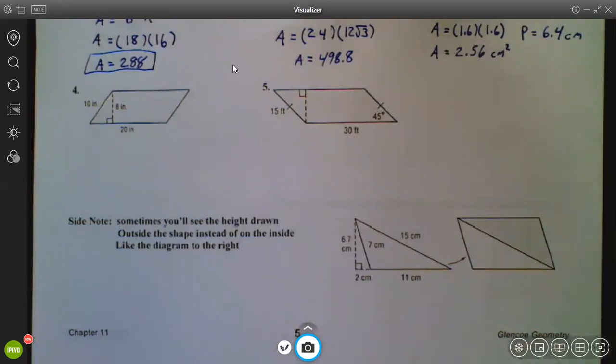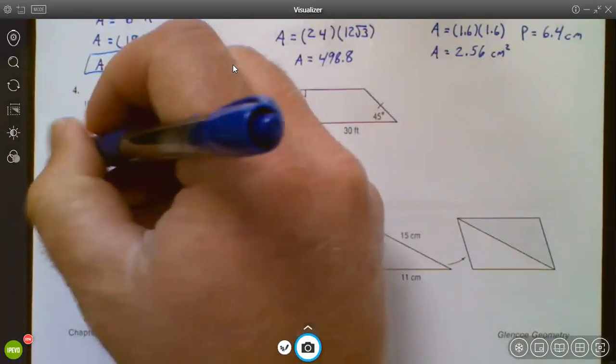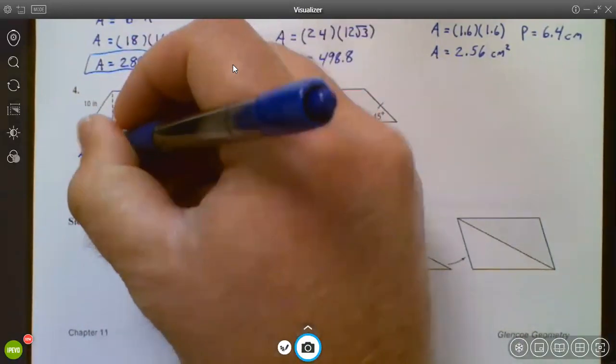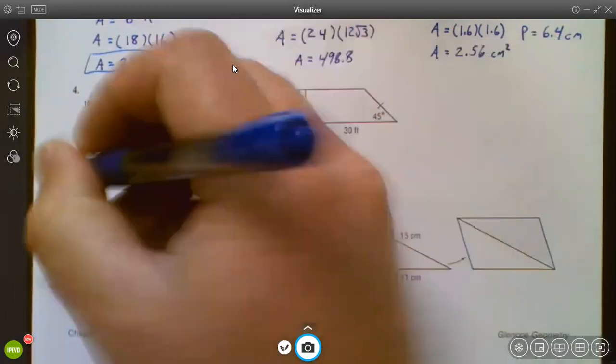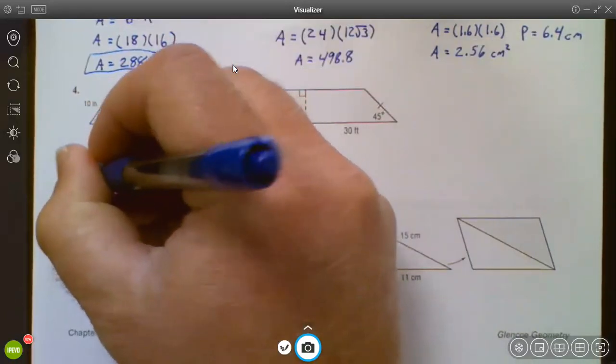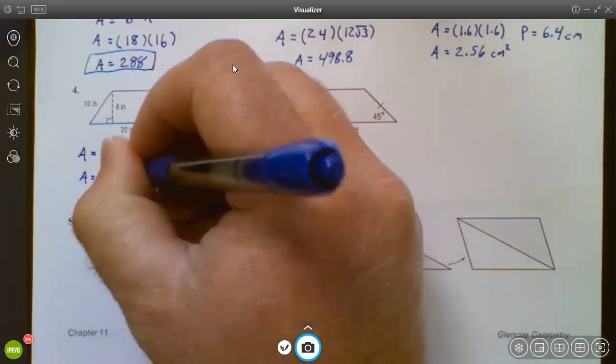All right, so let's go after number 4, guys. On number 4, the area is the simple part for sure, because they're just giving you a base and height, right? But what I wanted you guys to see on this, and I mentioned this at the beginning, is make sure when you identify base and height that you're identifying the correct 2 numbers. Remember, they have to be perpendicular to each other.